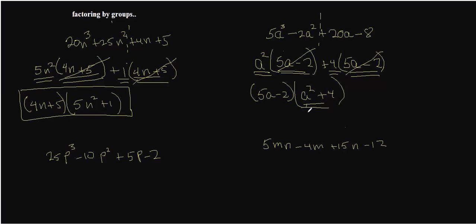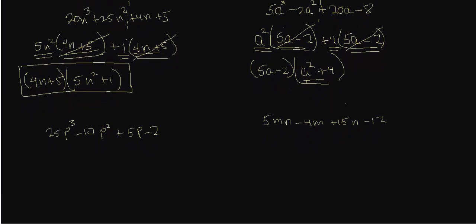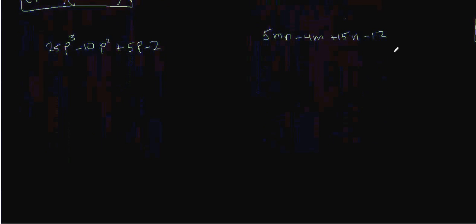So we have 5a minus 2 times a squared plus 4 as our only factors here. And let's try a couple more. As you can see, there is a pattern to this insanity. However, it's something you have to know in Algebra 2 or in Algebra 1. It comes up now and then, especially in a test.